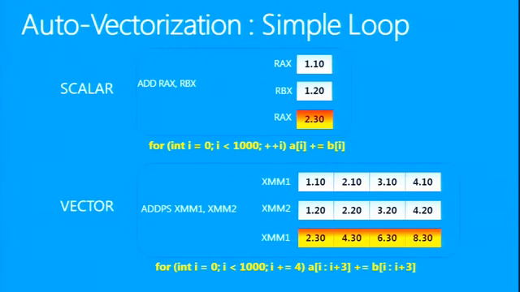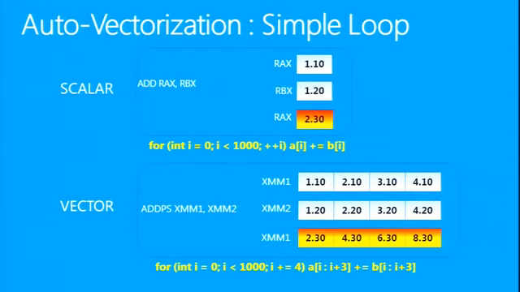And down the very bottom of this slide, we see a piece of pseudocode which summarizes what's going on. We've still got the integer variable I, which is running from 0 up to 1,000. But now, instead of incrementing I by 1 each time through the loop, it jumps up by 4.